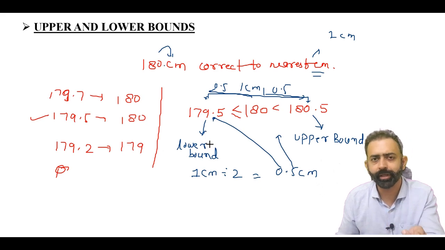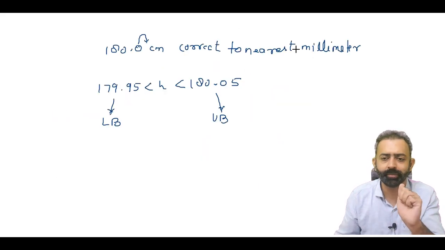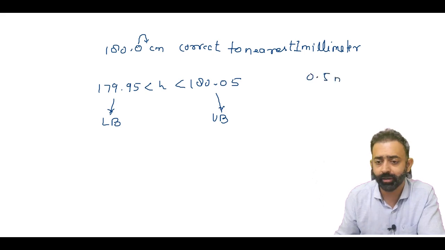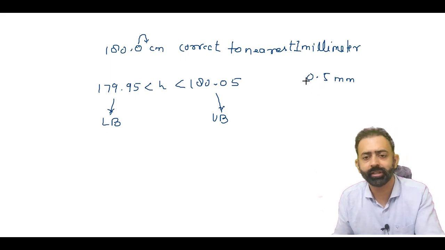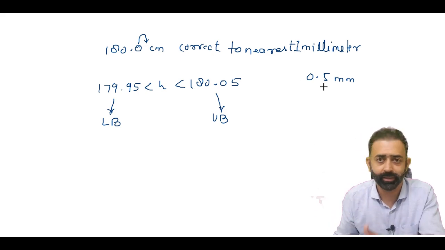Does this concept apply to the next term, nearest millimeter? Yes, of course. In this case, it was given as nearest millimeter, meaning nearest 1 millimeter. So I can divide this 1 millimeter to get 0.5 millimeter. Why do I need to convert this to centimeters? Because the height is given in centimeters. So I need to write this in centimeters.